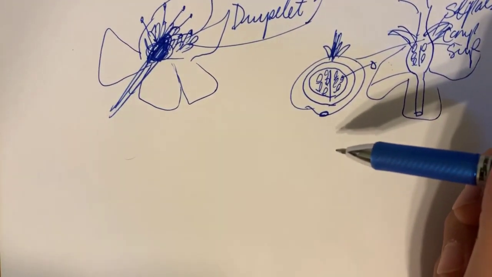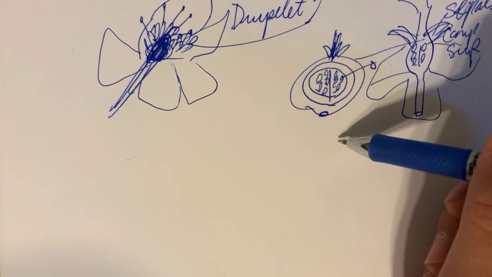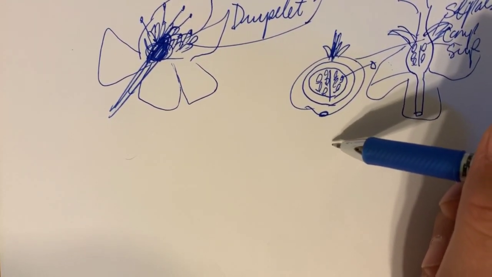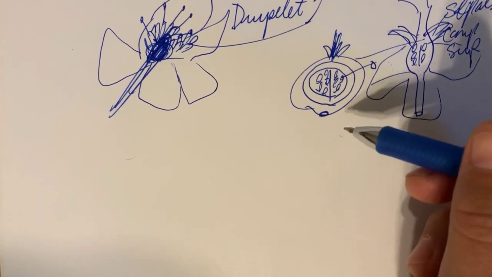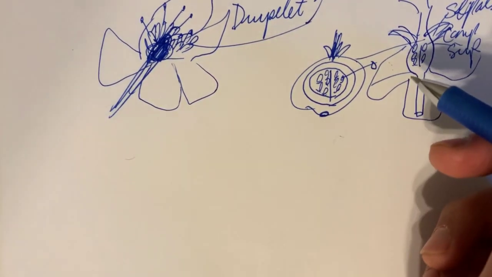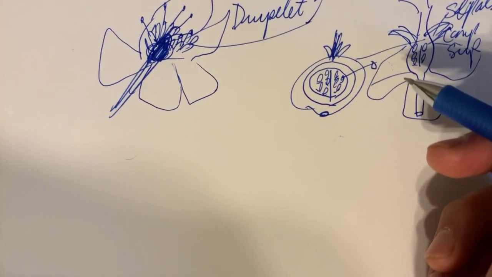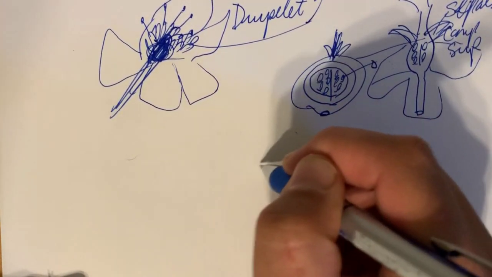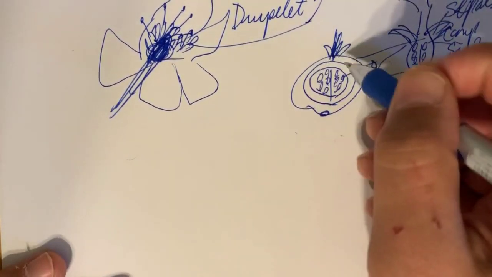We can also see a thin exocarp and a highly developed mesocarp and not much loculus space at all in a pepo.